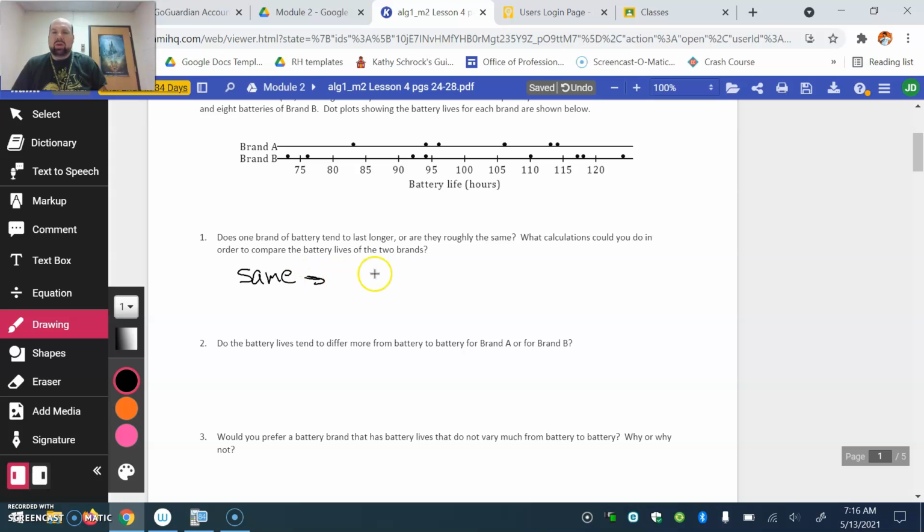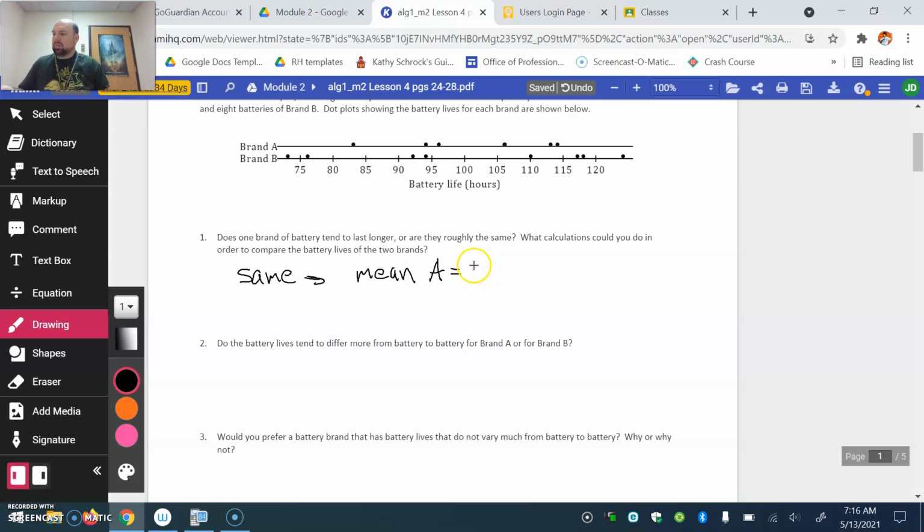And then we have the mean for brand A. If you add all these dots up, we've got 83, 94, 96, 106, 113, 114, add them up, divide by 6, I believe there are.